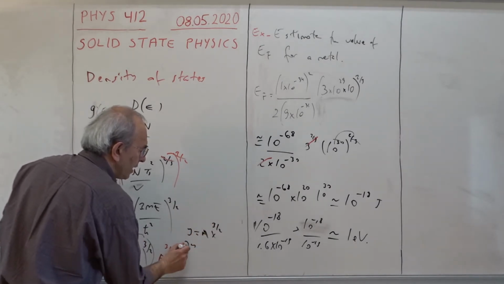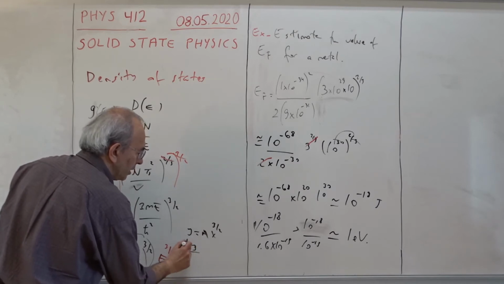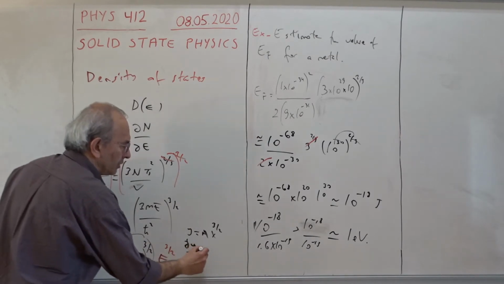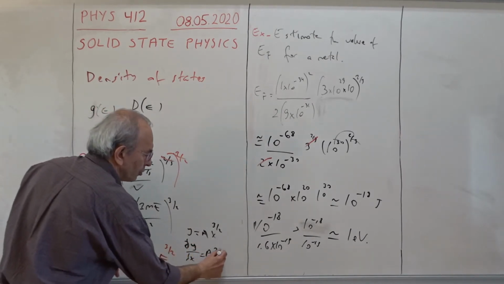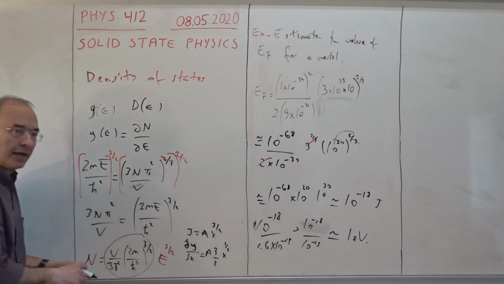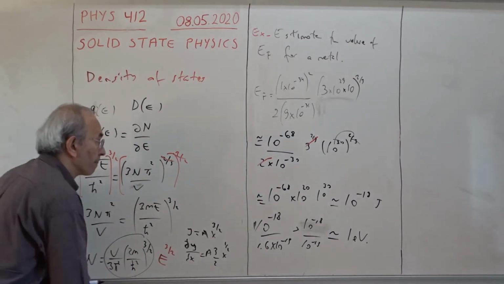So dy by dx is simply, let me say dy by dx, there's only one variable here. It is just a times 3 over 2 x to the 1 over 2. The same idea applies here as well.